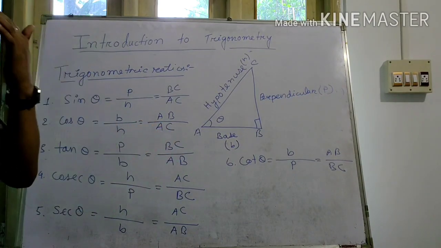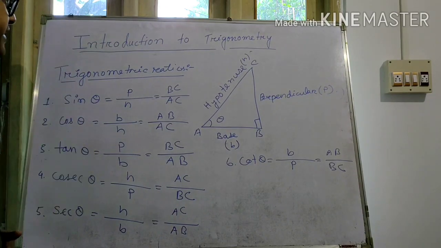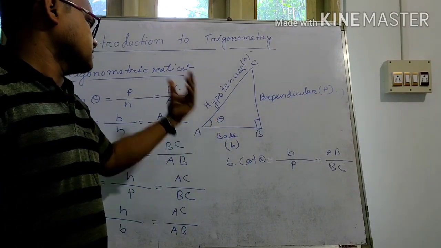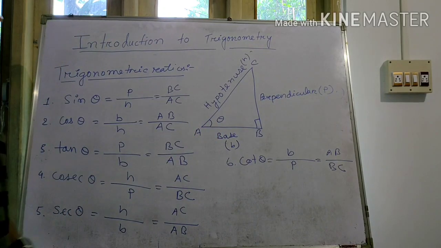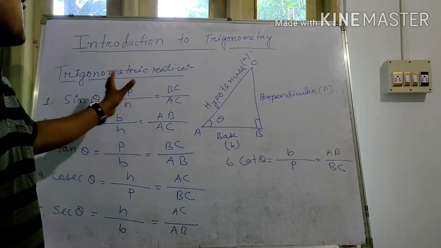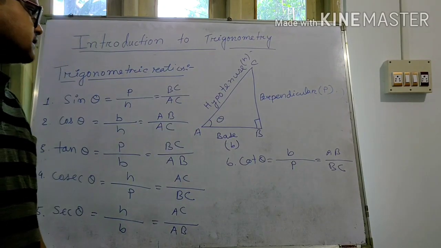Actually, all trigonometric ratios are based on only its angle and the measure of its sides. So this is the trigonometric ratio. There are 6 ratios.